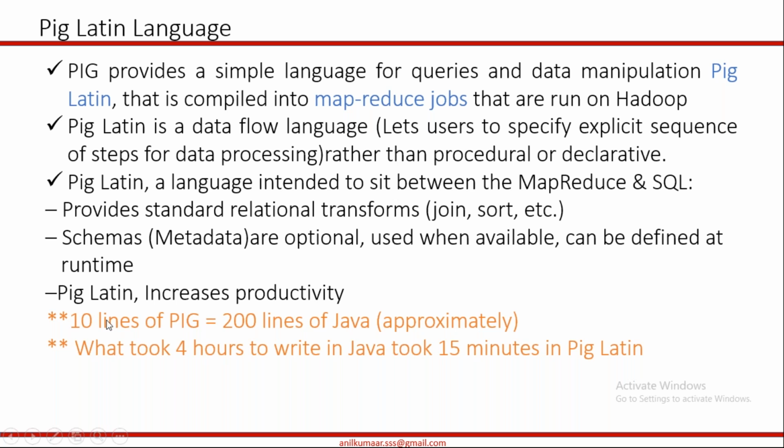That is really a good thing to hear. So the development time is very less, because we are using some standard relational transformations whenever possible. No need to write everything from scratch. That is a beauty.